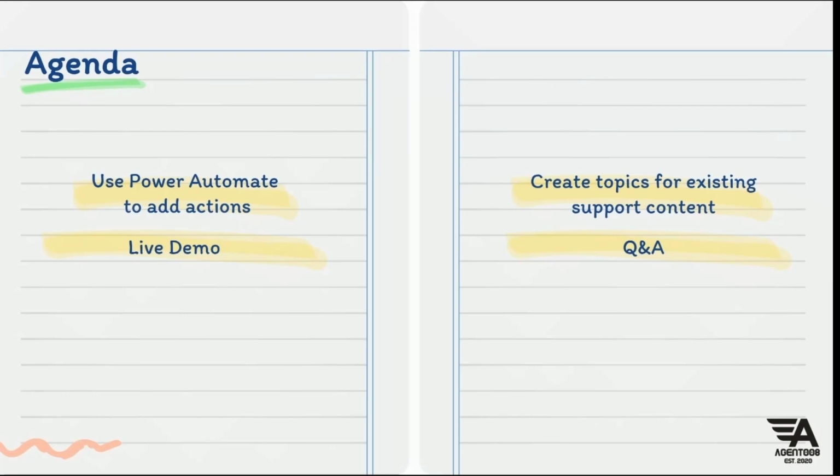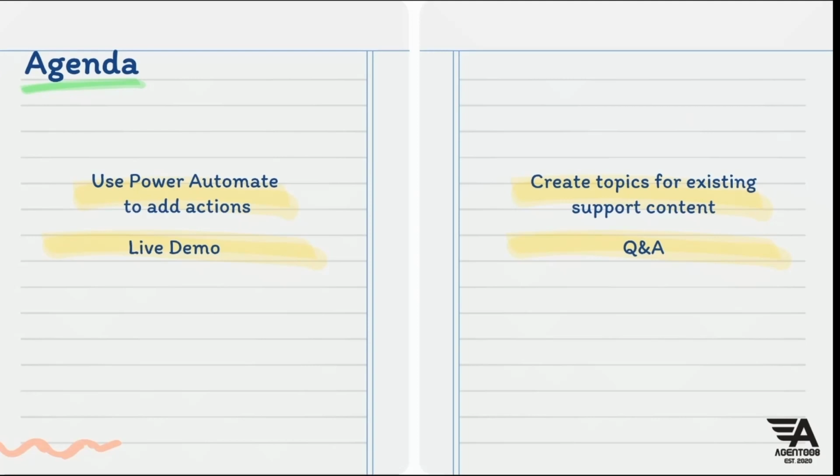Most of us use Power Automate to automate things or send notifications, for our applications, our dashboards, and different scenarios. So we have this functionality that we can use Power Automate within our Power Virtual Agents.